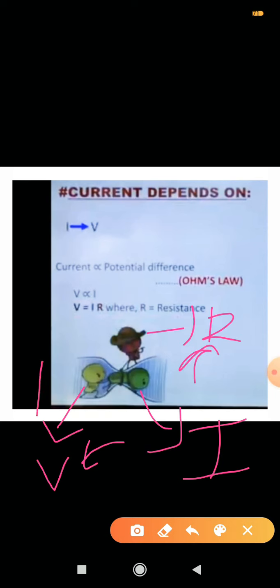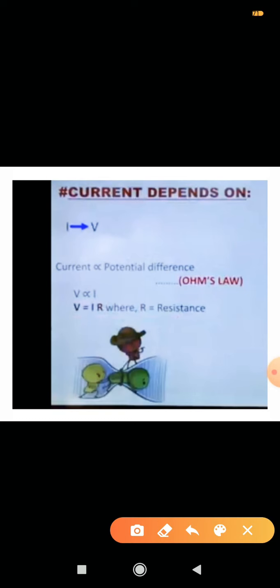If potential difference is high, then current is also high, but resistance opposes the current. If resistance is high, then current is low, and if resistance is low, then current will be high. So we can understand that resistance is inversely proportional to the current, and potential difference is directly proportional to the current.